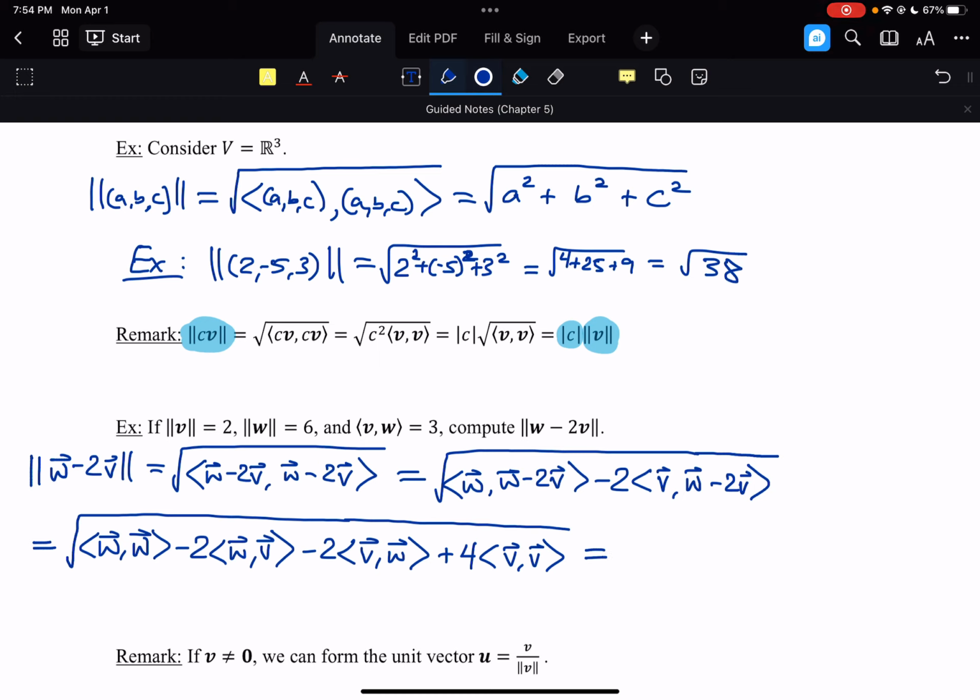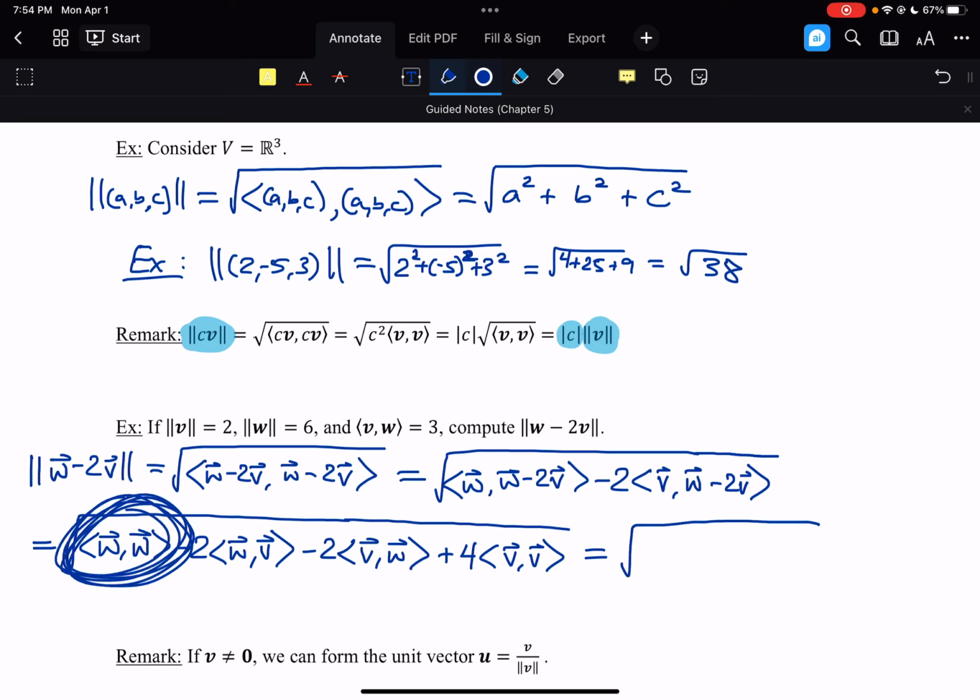Now, we want to put this in a form that's going to help us, because we know that the length of v is 2 and the length of w is 6. What we can do is rewrite this a little bit.